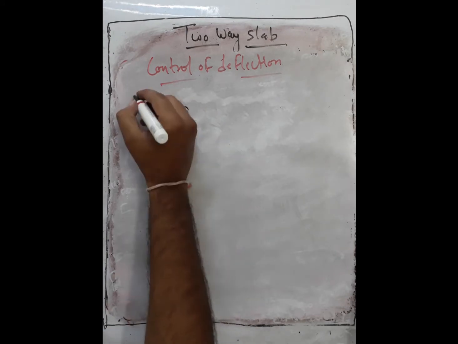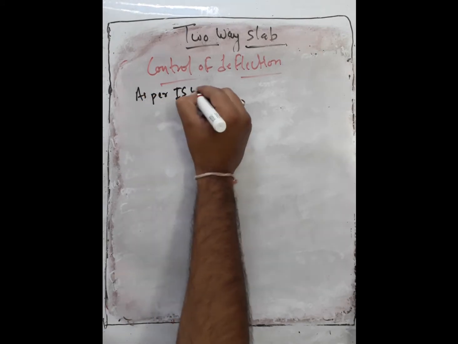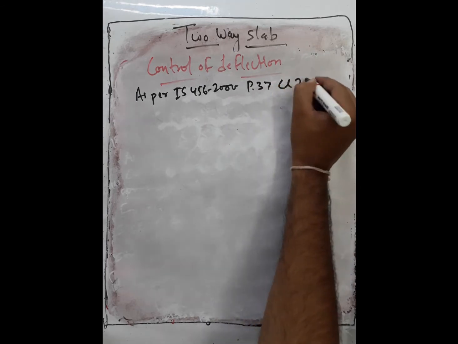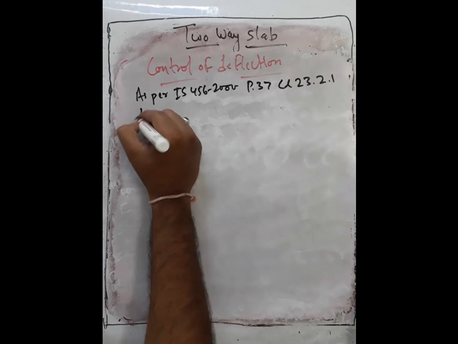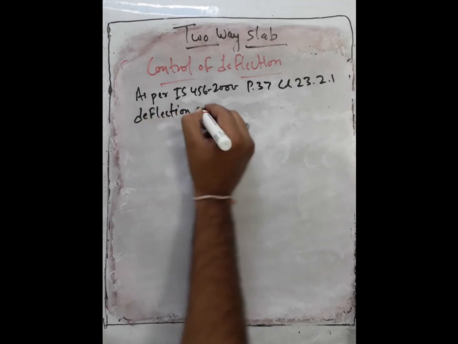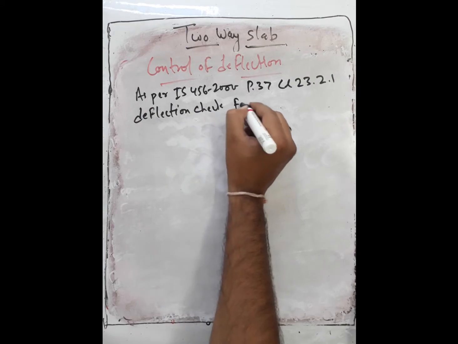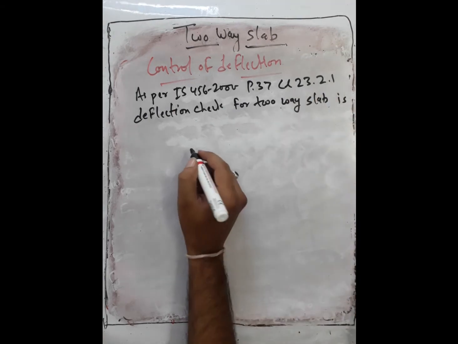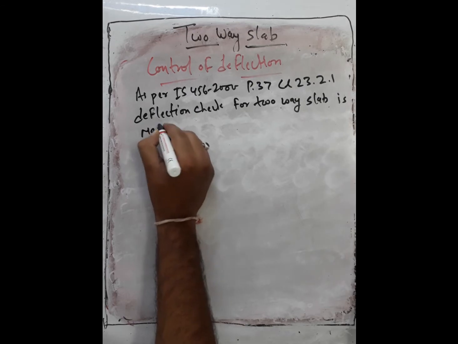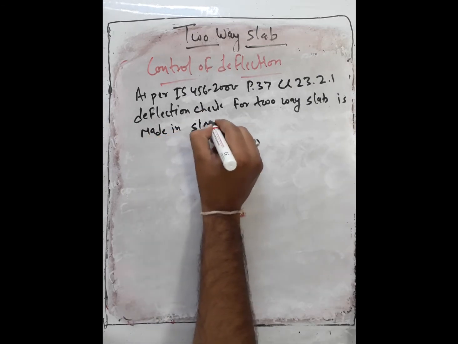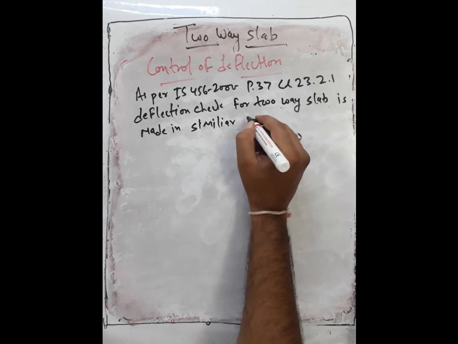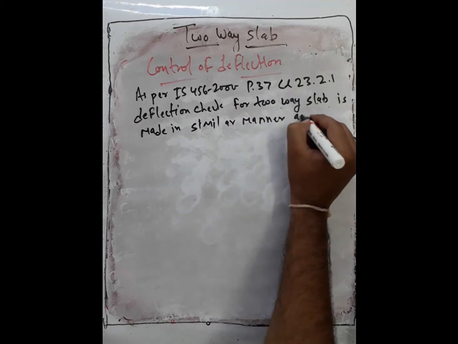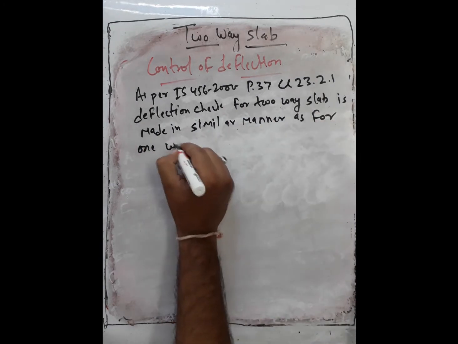As per IS 456:2000, page number 37, clause 23.2.1, the deflection check for two-way slab is made in a similar manner as for one-way slab.